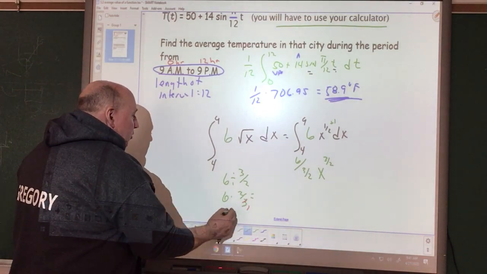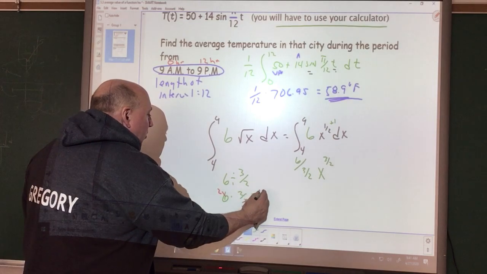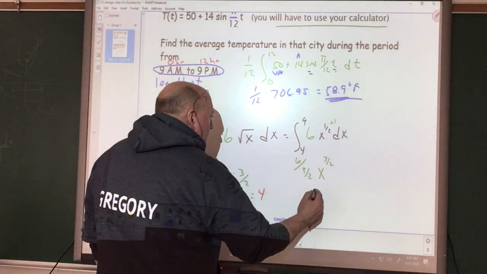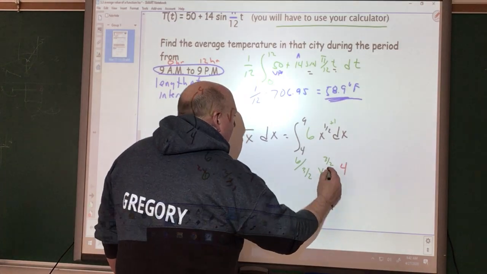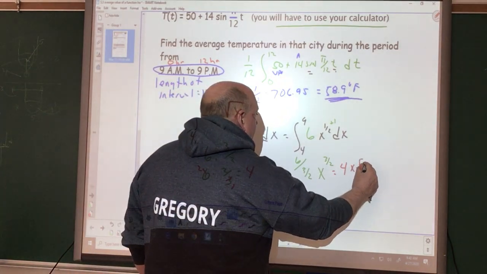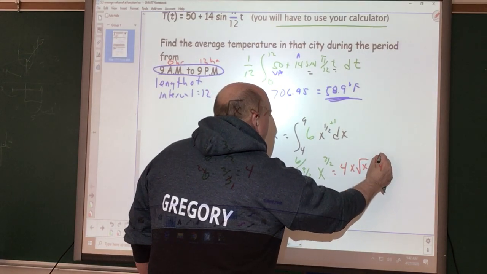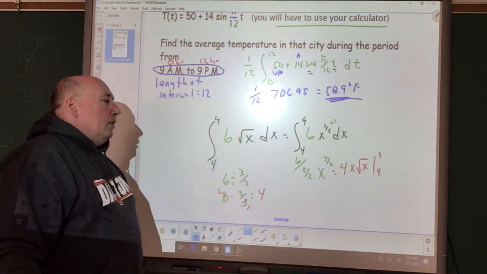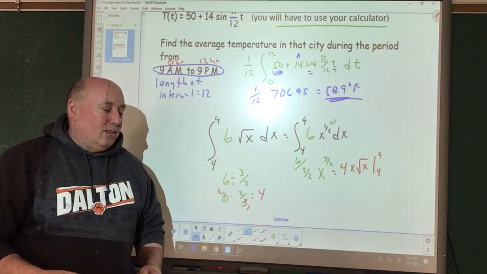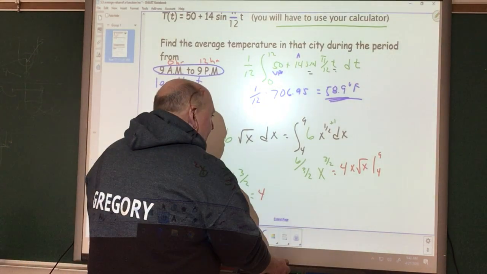This would cancel 1 and 2, 2 times 2, which is a value of 4. So we're left with 4. Now this x to the 3/2 we can write as x square root of x. We need to evaluate from 4 to 9. I changed this to 6 so it cancels nicely for us.